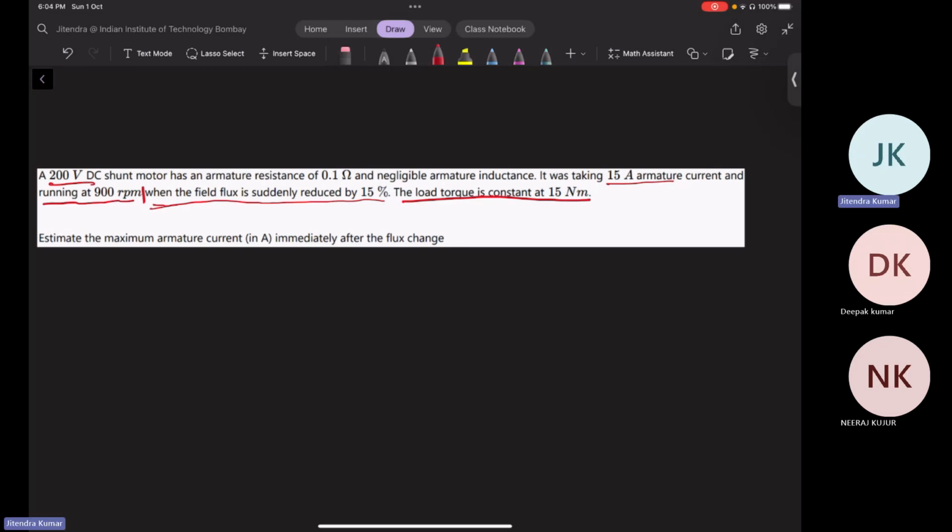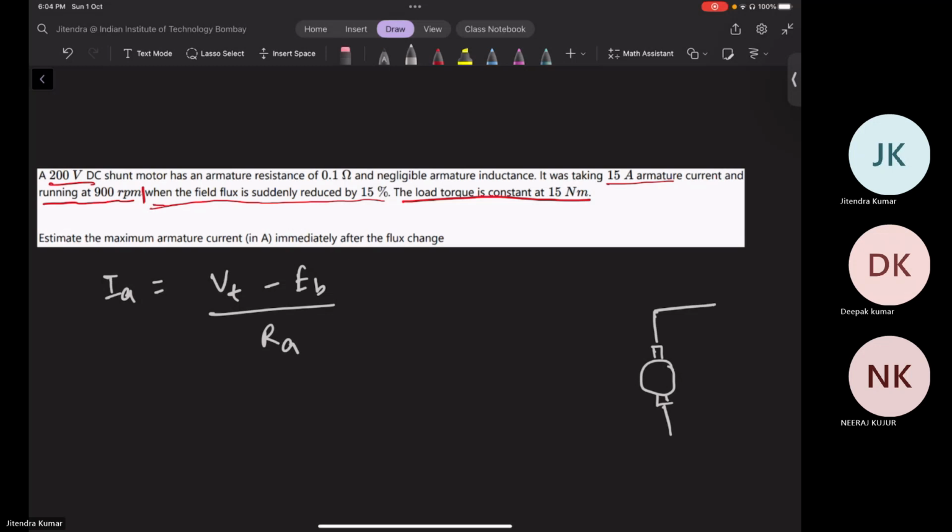We have to find out the maximum armature current, and armature current we know, in case of motor, is (Vt minus Eb) by Ra. Since we have a shunt motor, it will look like something else. So your RF, this is Eb with some armature resistance, and this is your Vt.